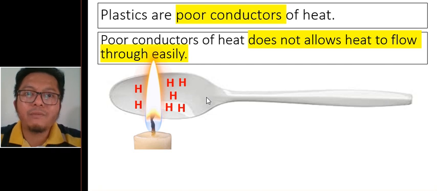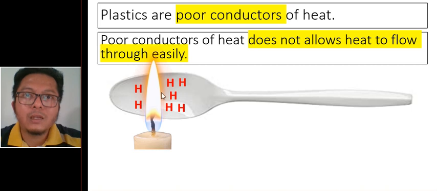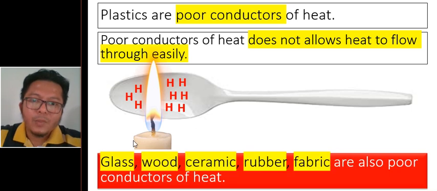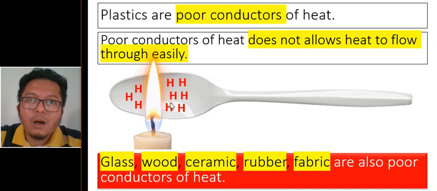It's easy if it's a metal spoon. If you burn the end, heat energy moves. But for plastic, heat energy does not move easily. So we call this poor conductors of heat.